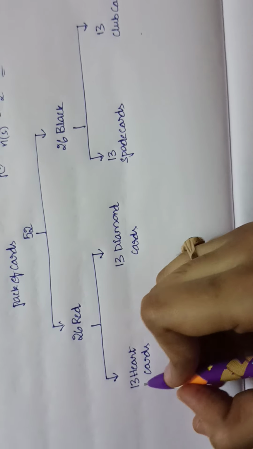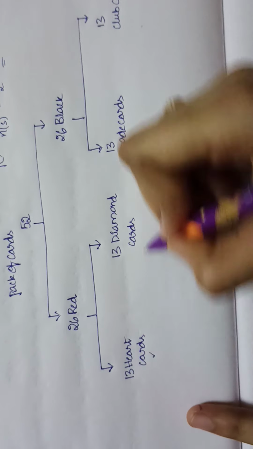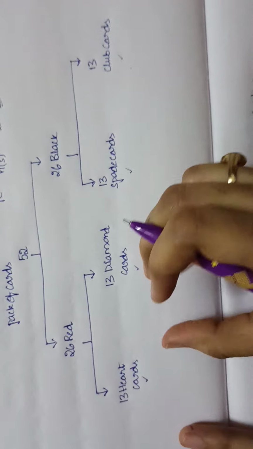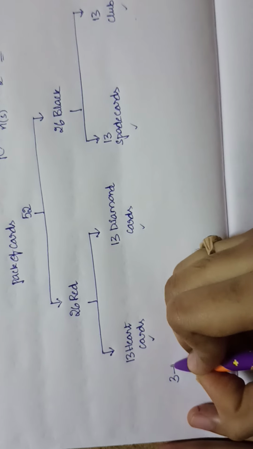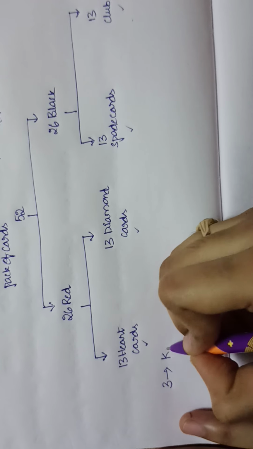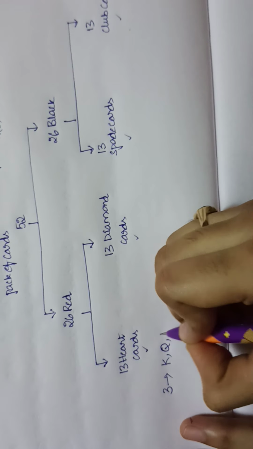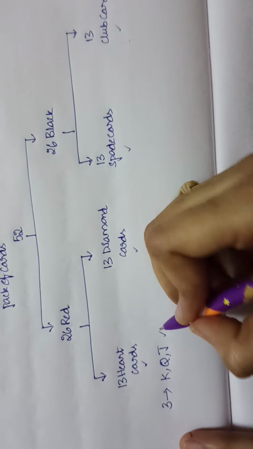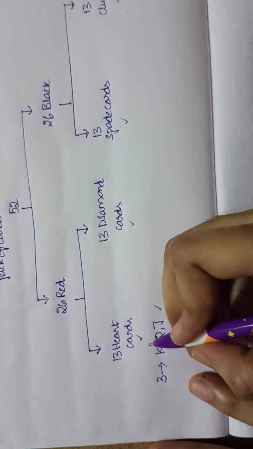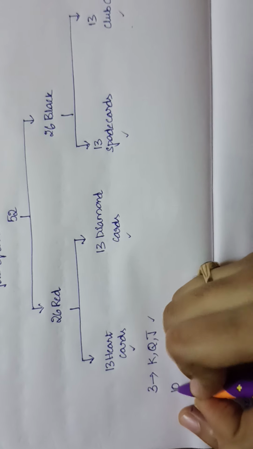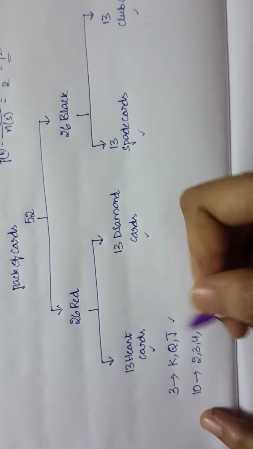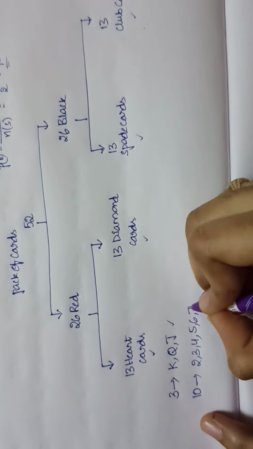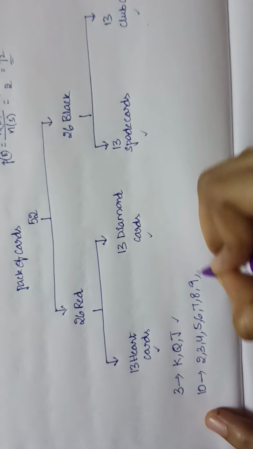Okay, in every suit there are 13 cards. In these 13 there are 3 pictured cards. They are king, queen and jack. And again there are 9 numbered cards. They are 2, 3, 4, 5, 6, 7, 8, 9 and 10.